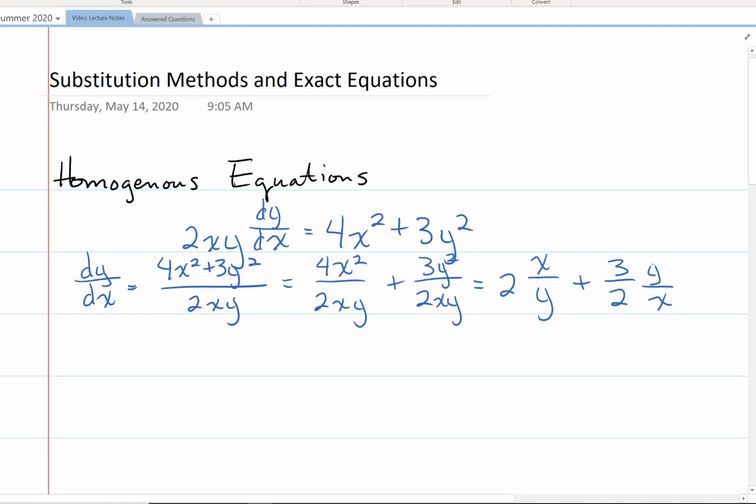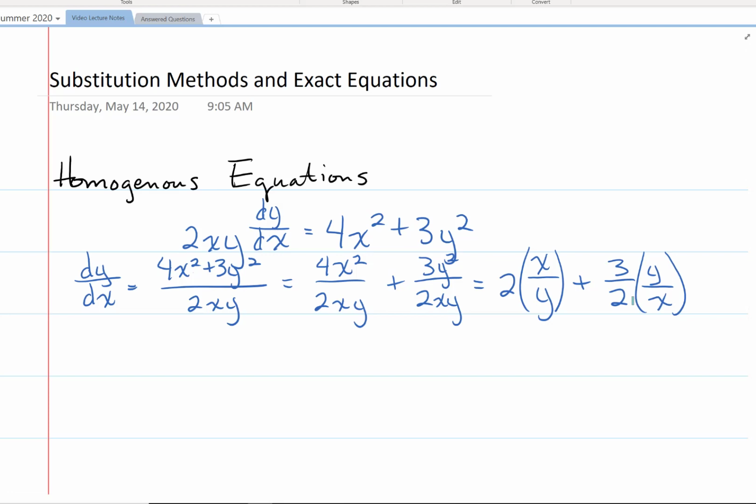3/2 times y over x. And now here's what's significant about this, and here is part of the definition of what it means to be an homogeneous equation. Notice that after this simplification, basically the variables are x over y or y over x.